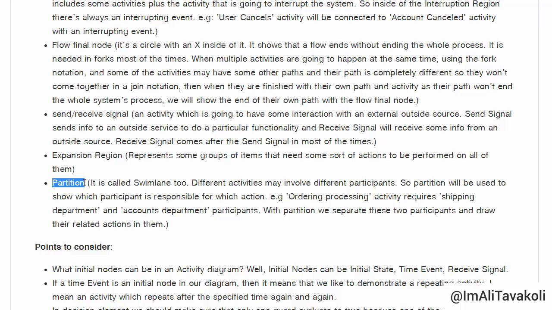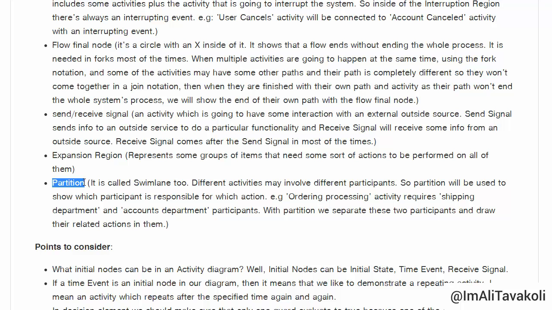What is partition? It is also called swim lane. Different activities may involve different participants, so partition is used to show which participant is responsible for which action. It helps us organize our activity diagram a little bit. For example, an order processing activity requires shipping department and accounts department participants.